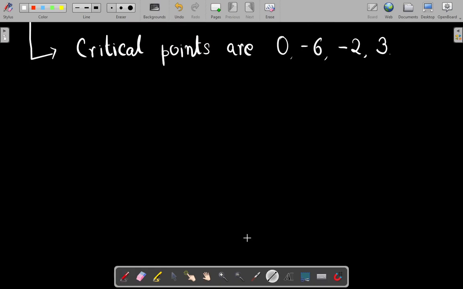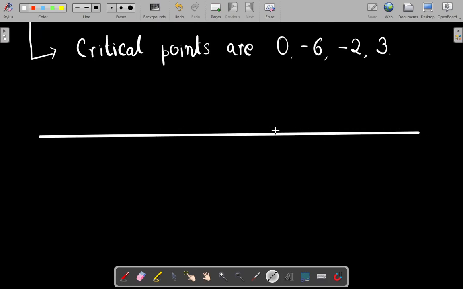So if I draw a number line, I write minus 2 somewhere here, 0 here, and let's say 3 is here.